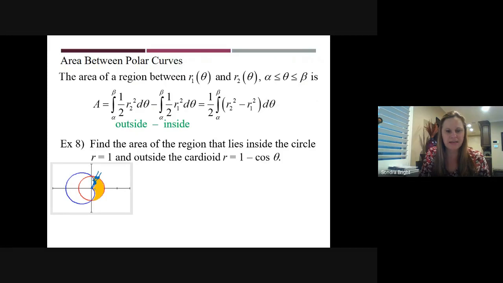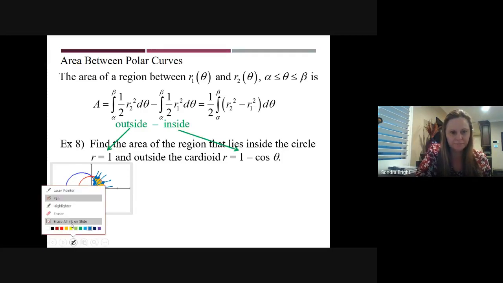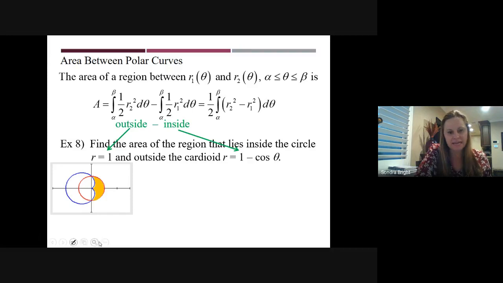Even this one and that one, which looks like it's barely going through the cardioid, for each of them, outside is the circle and inside is the cardioid. So that's how I know that the outside is the circle, r equals 1, and the inside is the cardioid. That's how I know which one is R2 and which one is R1.